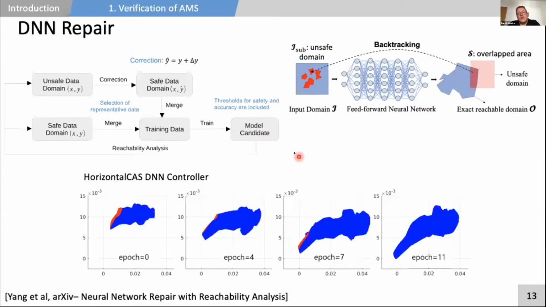For this, we have to note that it's very important to be able to do backtracking. So we should be able to find this bad set and find what inputs lead us to this bad set. In fact, the output reachable set is not very important, because once we have these bad inputs, we can run this in this framework, and it will generate the training data.